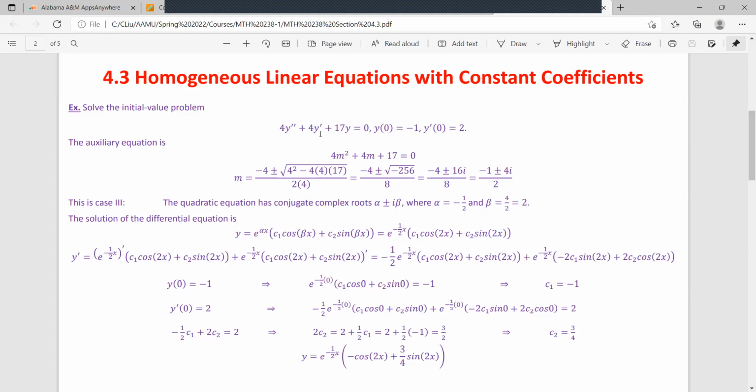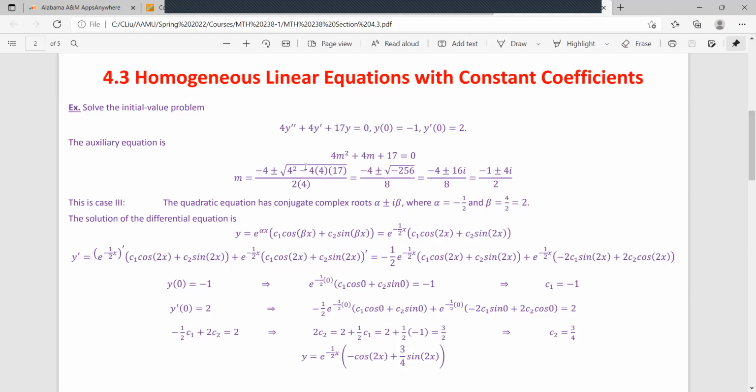If you assume y equal to e to the mx and plug that into the differential equation, you're going to get this quadratic equation. I'm not going to redo the derivation of this equation, but that's just a repetition of the process we had on the previous page.